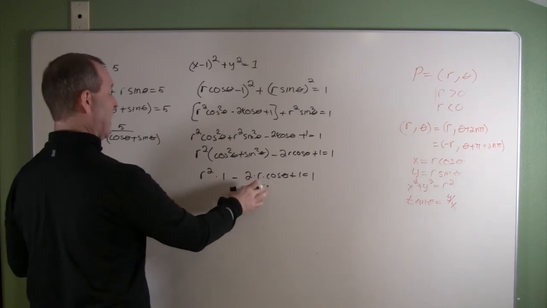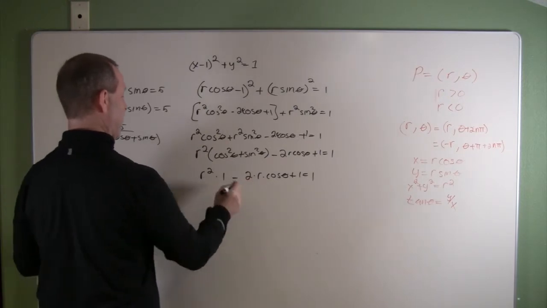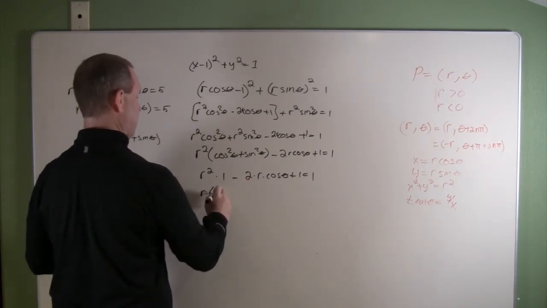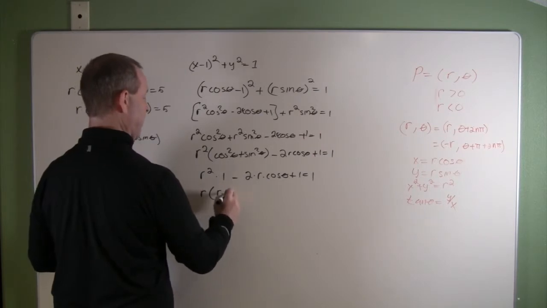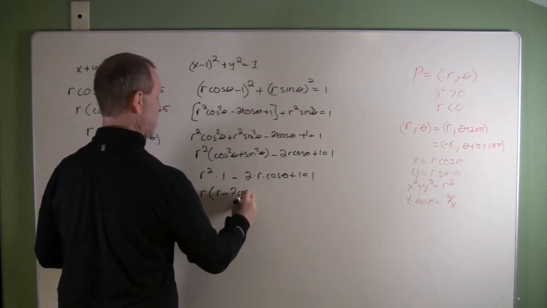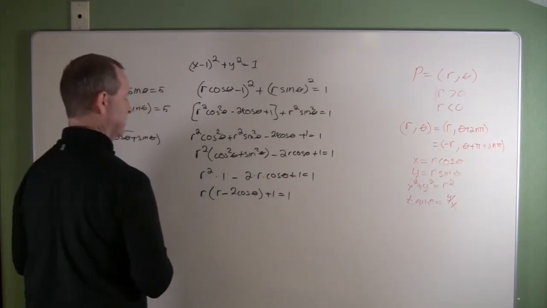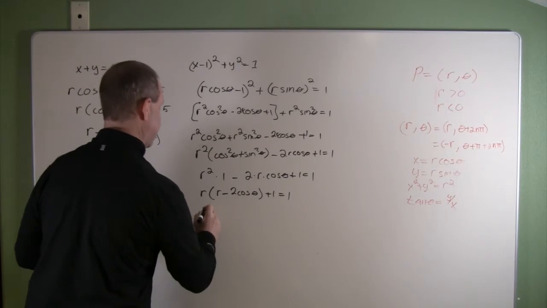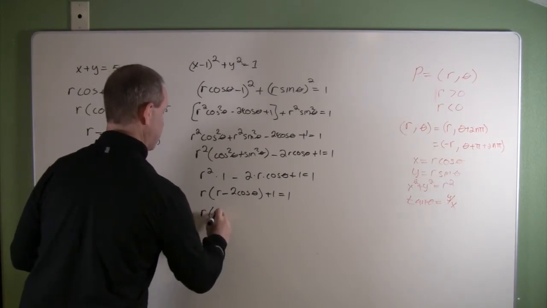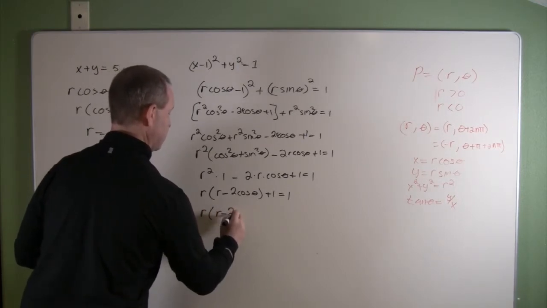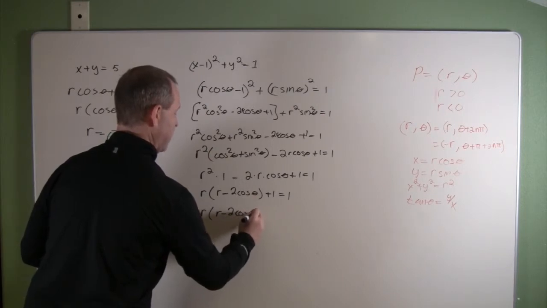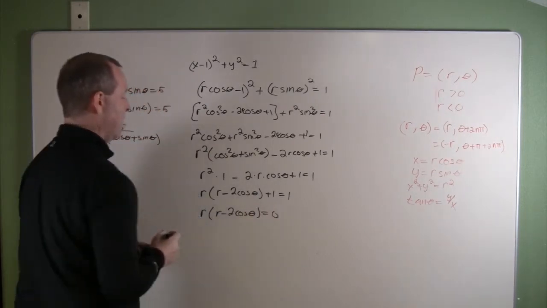We can take out an r. So I have r times (r minus 2 cosine theta) plus 1 equals 1. I subtract 1 from both sides, so I'm left with r times (r minus 2 cosine theta) equals 0.